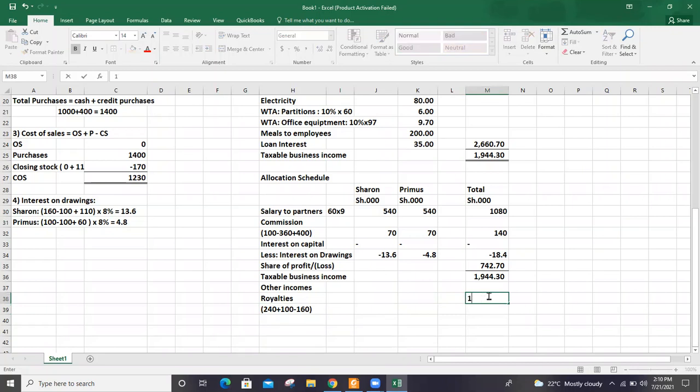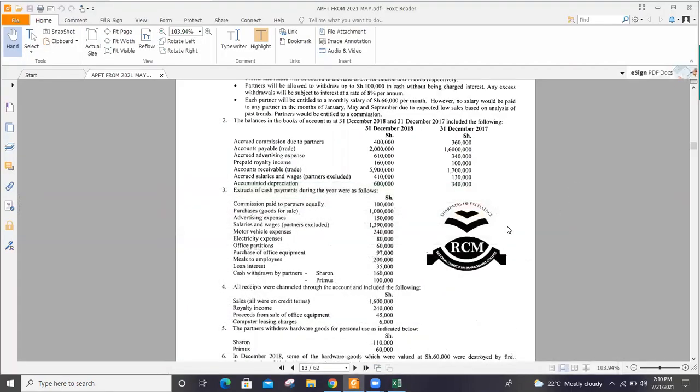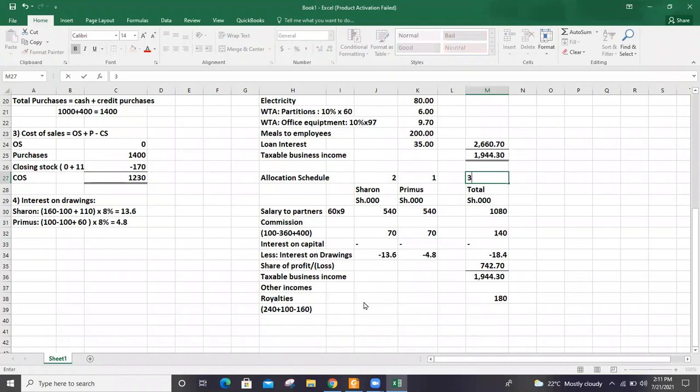Share based on the profit and loss sharing ratio, which is 2:1, so the total is 3. 180 times 2 over 3 is 120, and the other one is 60.